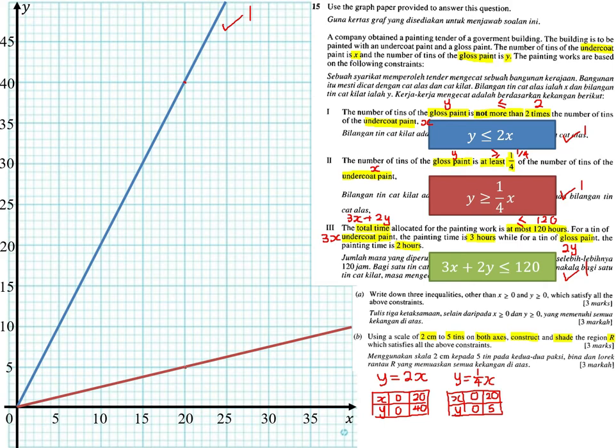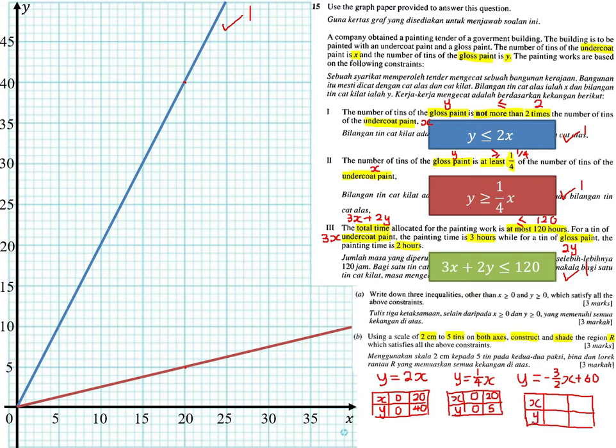Now let us look at the third one. We can form it into the general form if you want. Y equals negative 3/2 X plus 60. The y-intercept is 60, but the maximum we can reach is 50 only. When we sketch this graph, we cannot start drawing from the y-axis. In that case, we have to find another 2 points here.